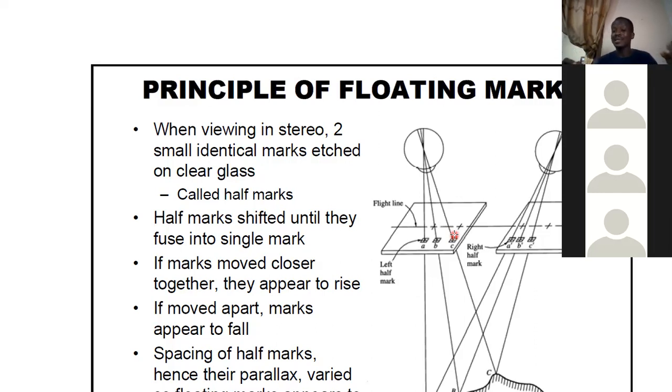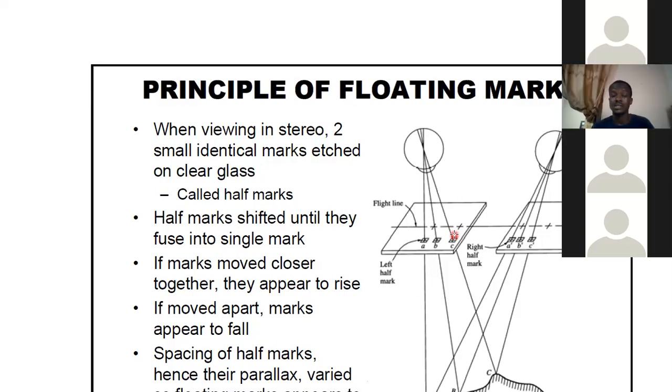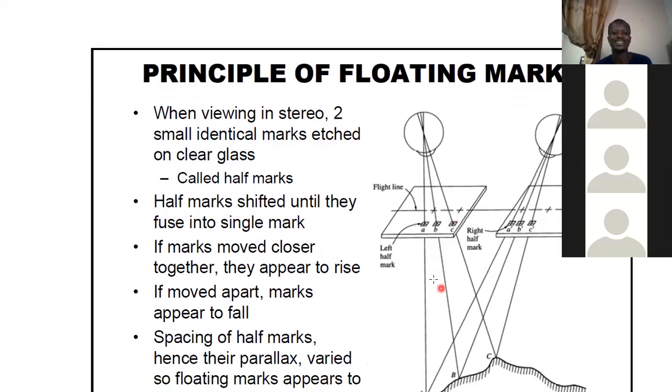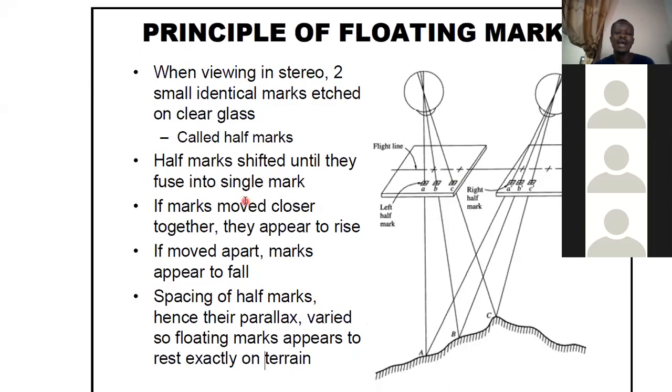If they are really aligned, then their separation creates the same effect that you get when you have two separate photographs. So we have identical marks that are used in the floating mark. Every single one of them is called a half mark. Everybody who has been to service school knows what I'm talking about. I think this is like a revision for you. So we can move them apart or closer together, and then they seem to be falling or rising.